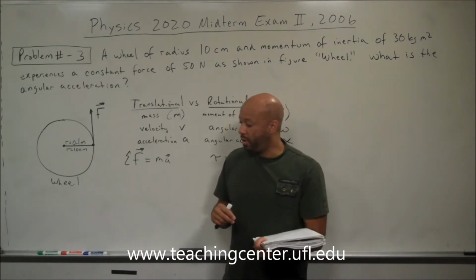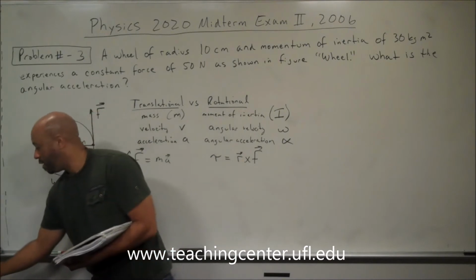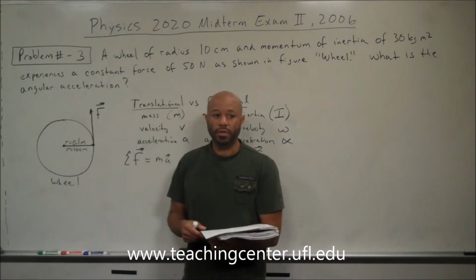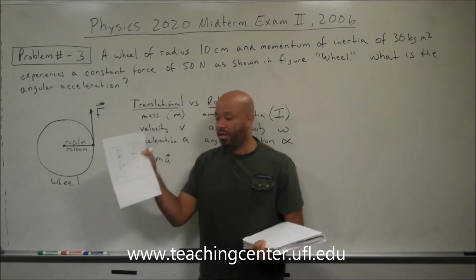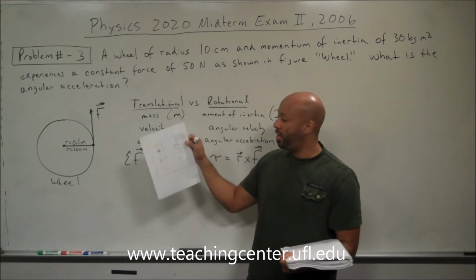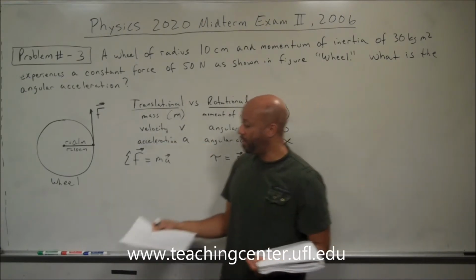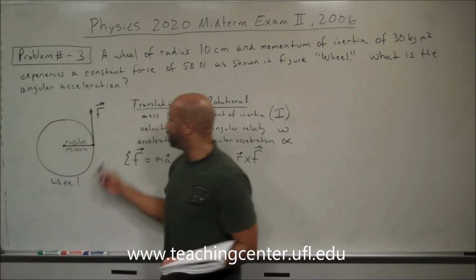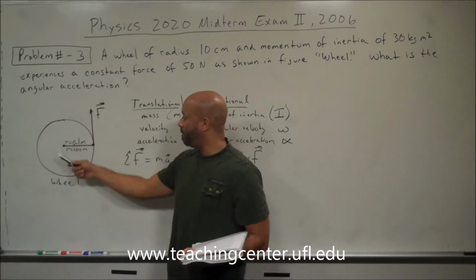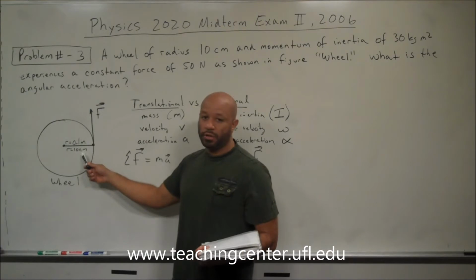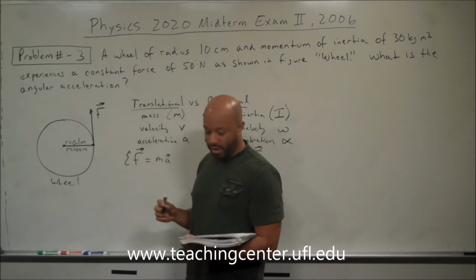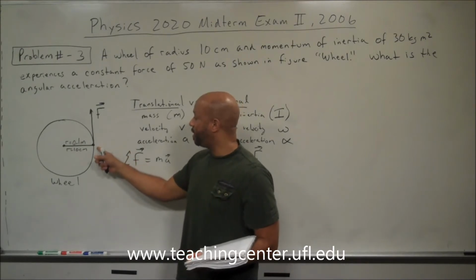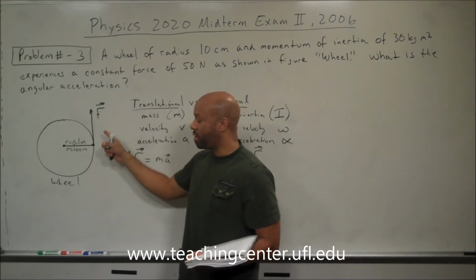Okay, and so as part of the exam, you were given the supplemental sheet that has figures on it, and if you look at the figure for wheel, I've basically reproduced it here, where we have the wheel, and the radius of the wheel is 10 centimeters or 0.1 meters, and we have a force that's acting up on the wheel.